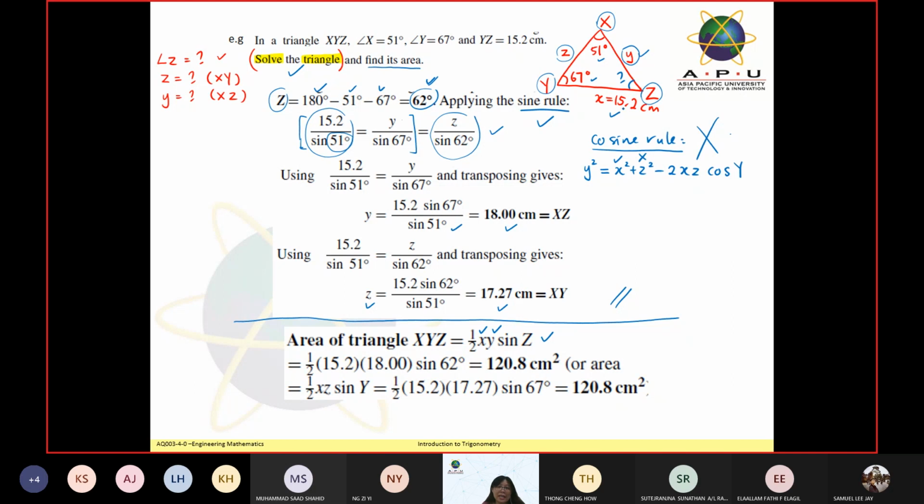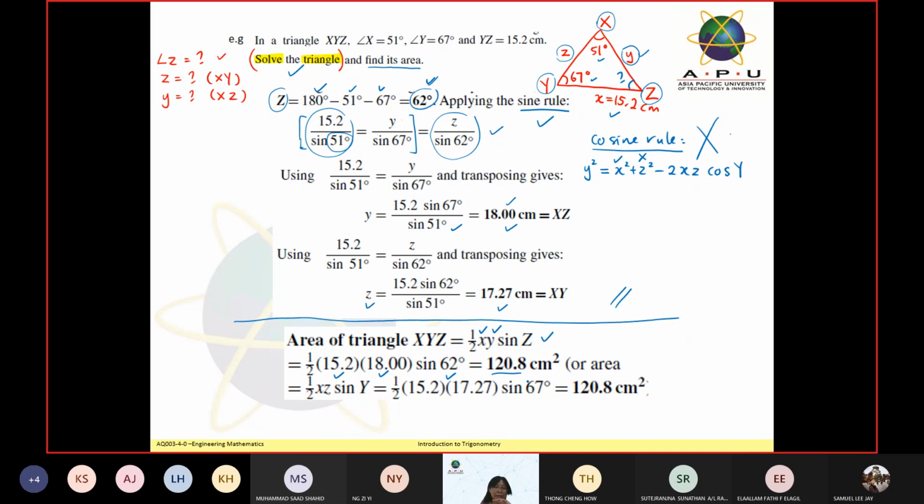The x is 15.2, then the y is 18, then sine of z, where z is 62. So half times 15.2 times 18 times sine 62, you can get 128.